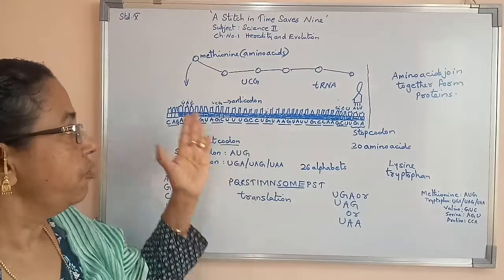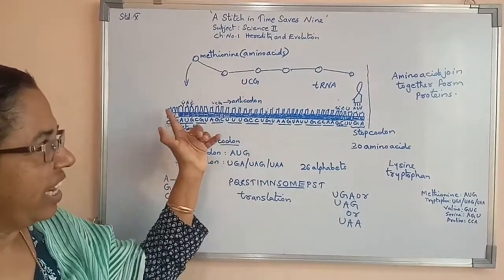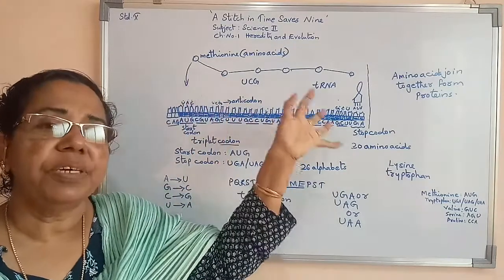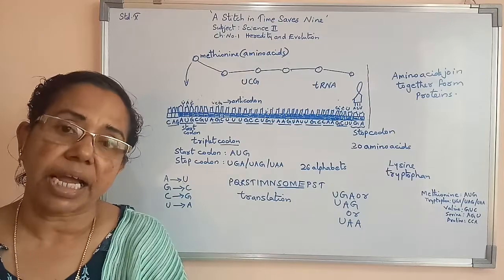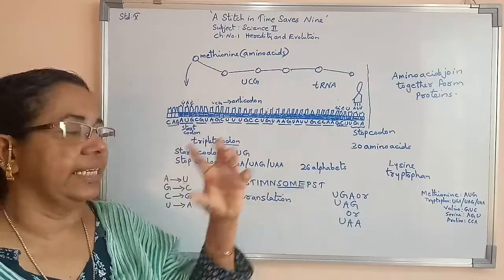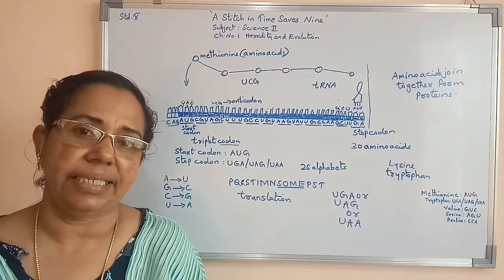Now afterwards, the fixing of anticodon as well as amino acid wherever necessary happens with the help of transfer RNA as well as ribosome after reading it. That process is known as translation.